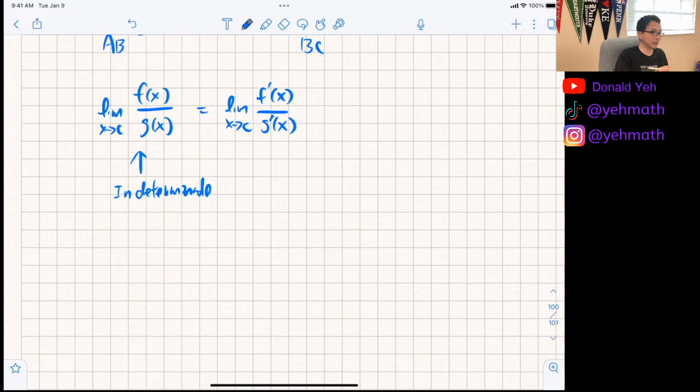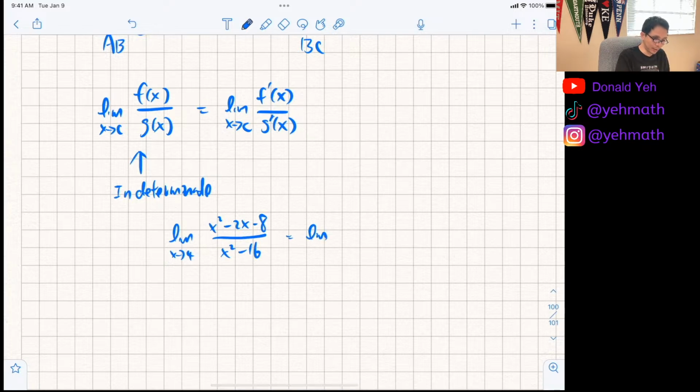For example, at the beginning of the year, we did this question: limit as x approaches 4 of x squared minus 2x minus 8 over x squared minus 16. What did we do? Factor the numerator and factor the denominator, right?